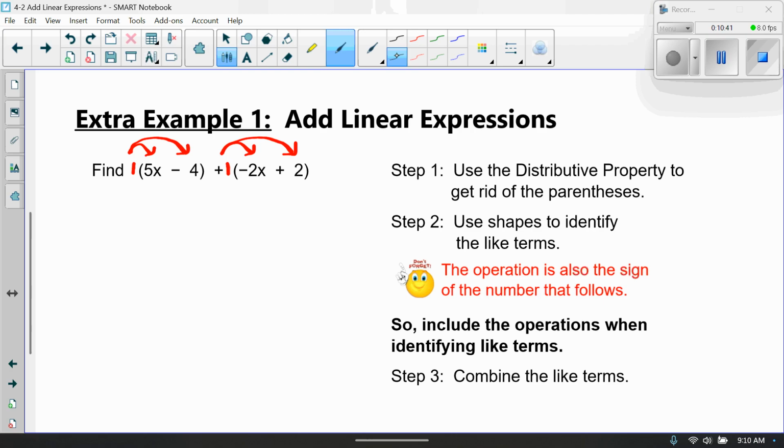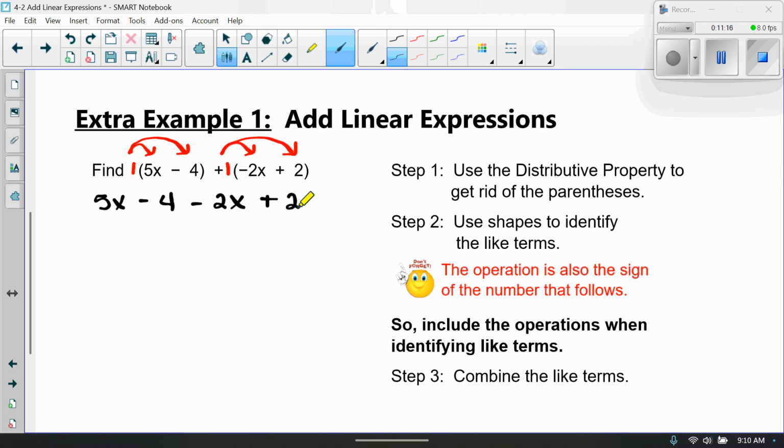So 1 times 5x, that's 5x. 1 times negative 4, that's negative 4. And now my parentheses are gone. Now for the second term, we've got 1 times negative 2x, so that's going to be a negative 2x. And then positive 1 times positive 2 is a positive 2. And there we go, no more parentheses.